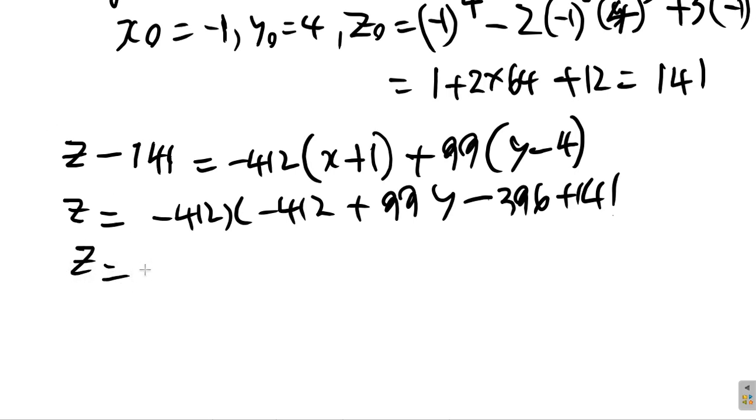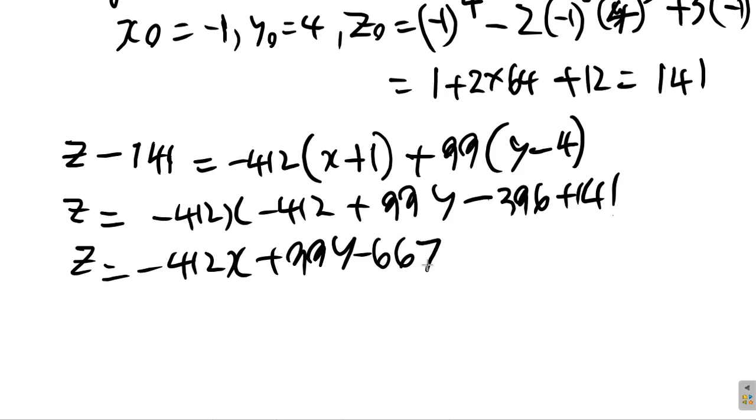So z is equal to negative 412x plus 99y. Alright, let's put the numbers together. We have negative 412, right? Minus 396 plus 141, negative 667. So z equals negative 412x plus 99y minus 667. Alright, so that's the equation of the tangent plane.